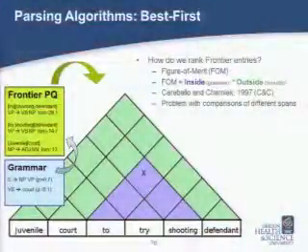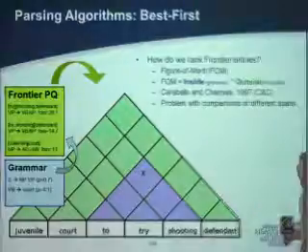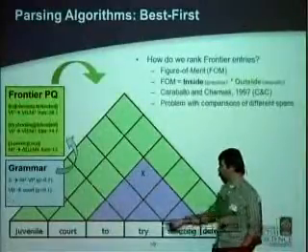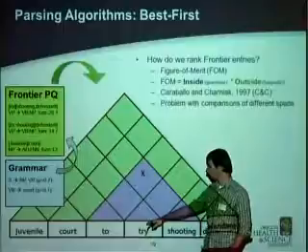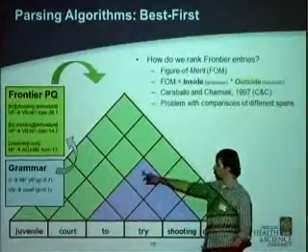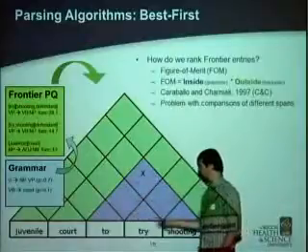So I mentioned this frontier ranking function. People call that the figure of merit. What you're doing here is for an entry in your chart, you have a measure of the merit from the inside probability here. That's how well this constituent covers this span.